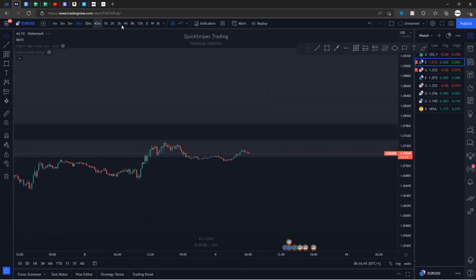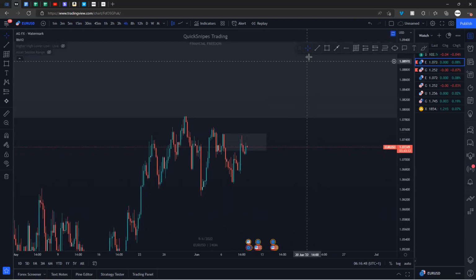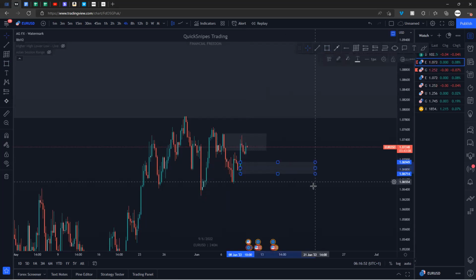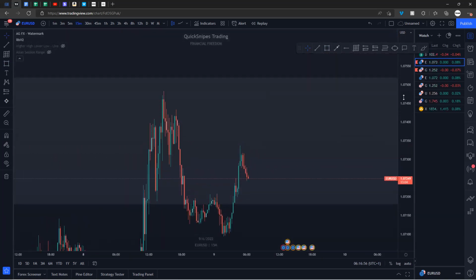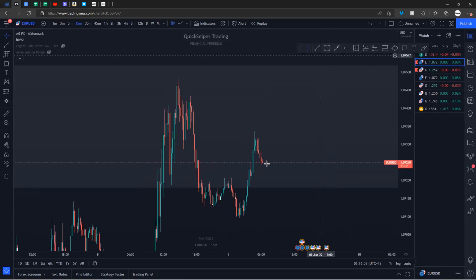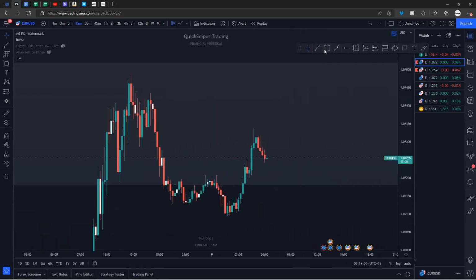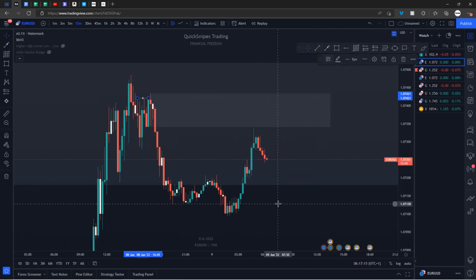So looking at the potential targets, we could be looking to retest this area. We're looking at the 15-minute. I'm looking for shorts in and around this area. Why this area? Because we've had a clean liquidity sweep of this high, which means that we're ready to go down now.